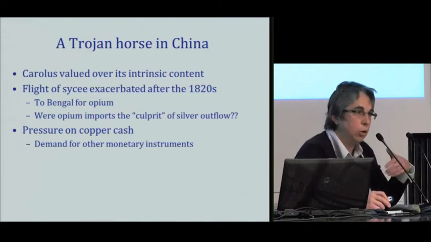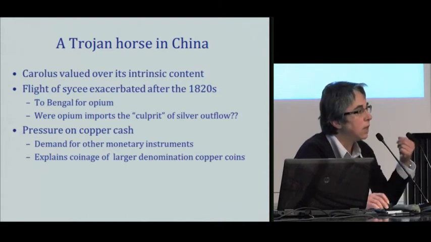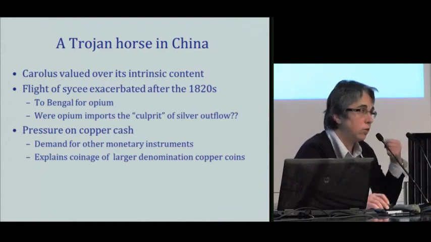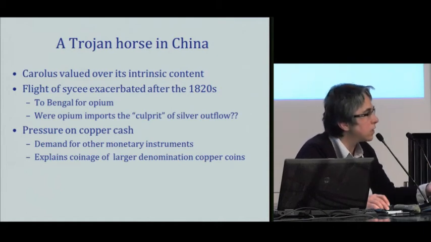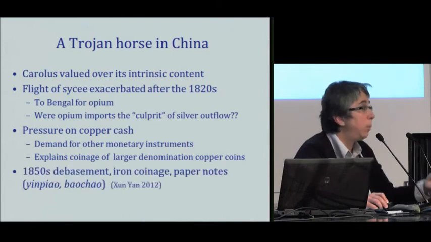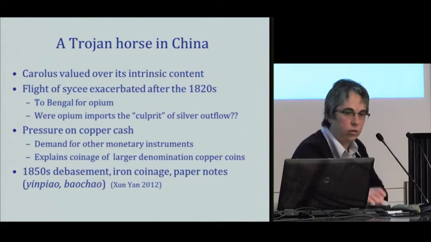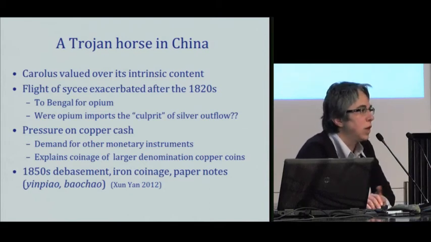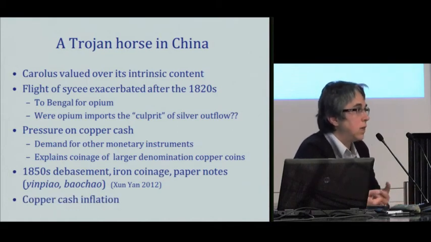And this greater demand for any monetary instrument explains the further coinage of copper in larger denomination coins, in copper-denominated paper money, iron coinage, or any kind of means of payment produced about that time, and that, I argue, explains the copper cash inflation that happened at the same time.